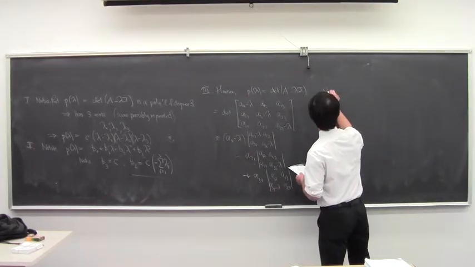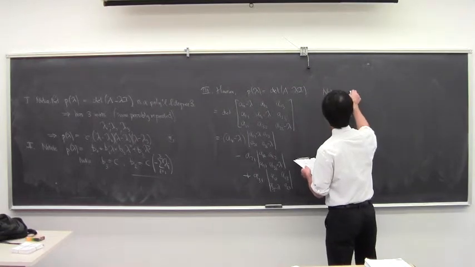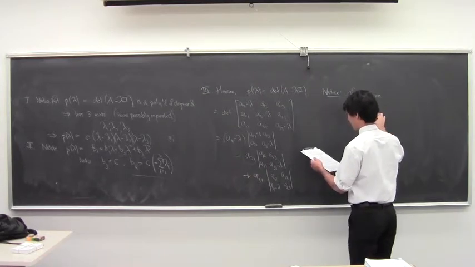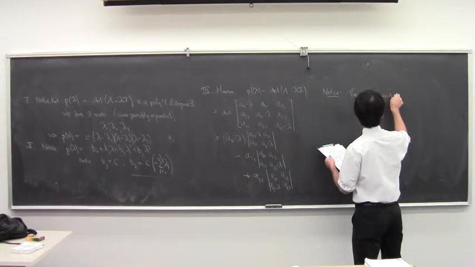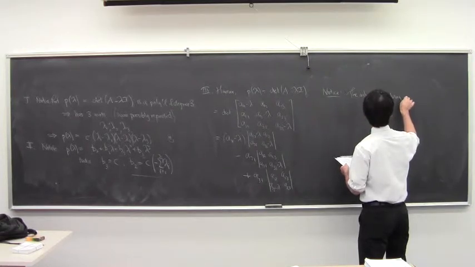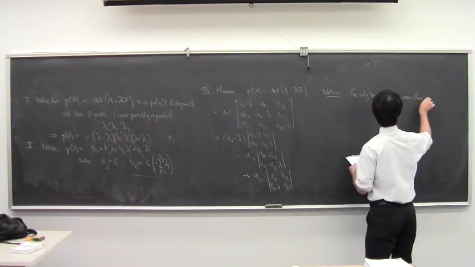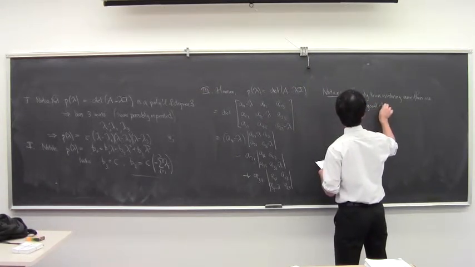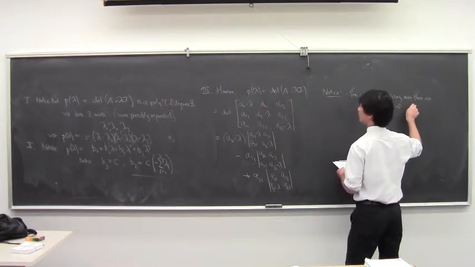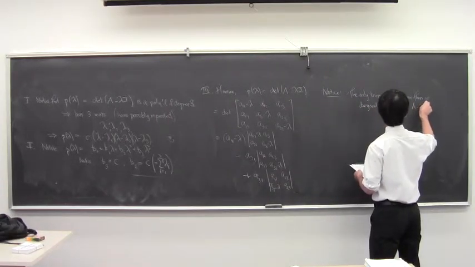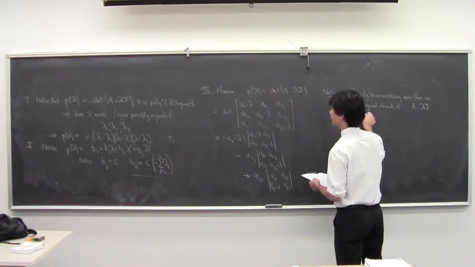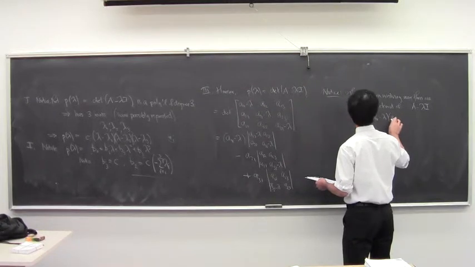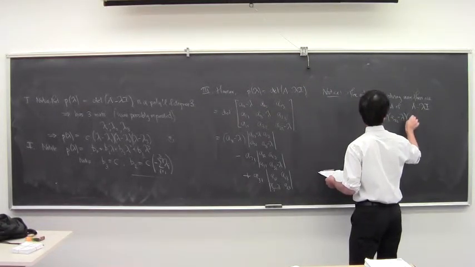So observe, the only term involving more than one diagonal element of A minus lambda I is a11 minus lambda, a22 minus lambda, a33 minus lambda.